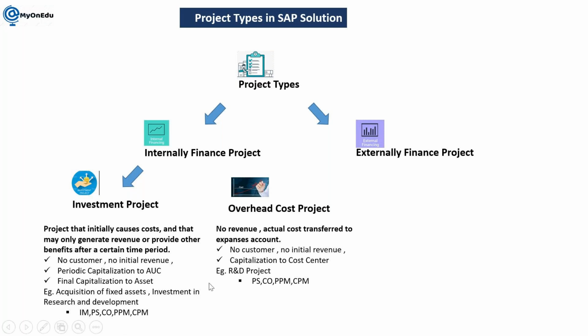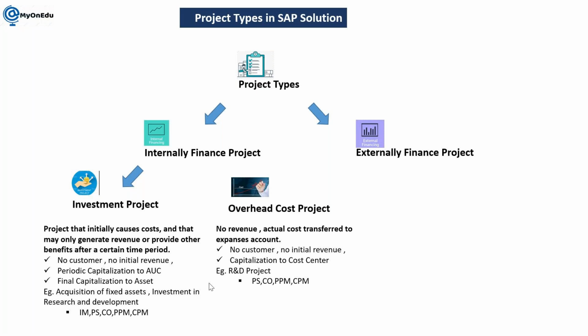Next is the overhead cost project, which has no revenue, and the actual cost is transferred to expenses. The amount is completely gone; it is an expense. For example, maintenance is an overhaul project. Sometimes we also see outage projects, where we do maintenance for the plant yearly or over some time period.